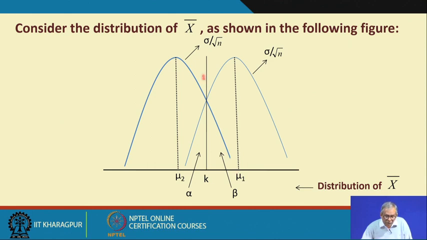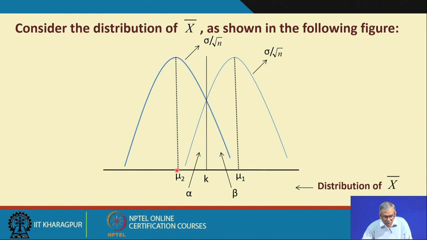That when k is the parameter, this is the area that is beyond k. So obviously this is the probability of non-acceptance even when the quality is very high. This is basically called the producer's risk.